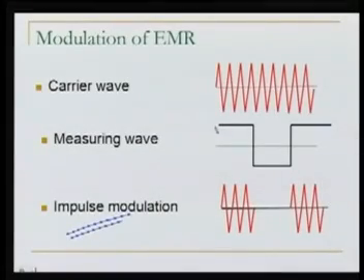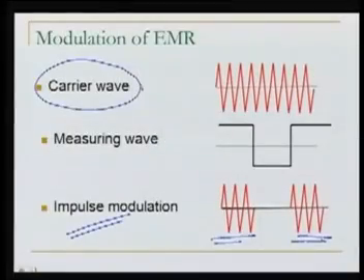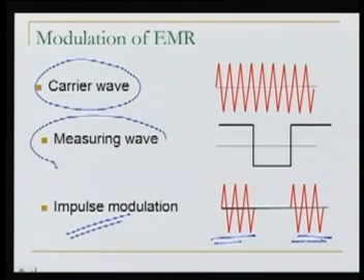This particular step signal is being represented here by waves and no waves. So a step kind of signal is being transmitted. So using this, we are making use of the carrier wave in order to transmit the signal which is required to be transmitted by the measuring wave. So this is why the modulation of the wave is required.